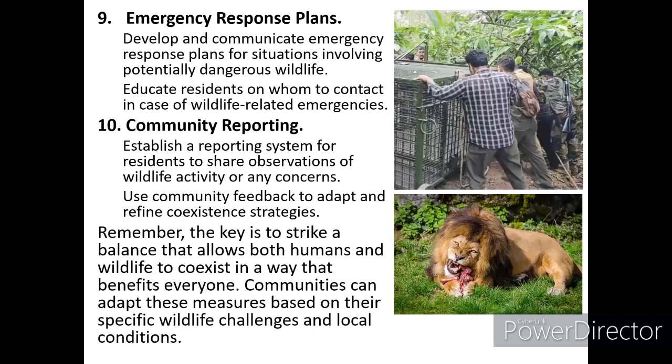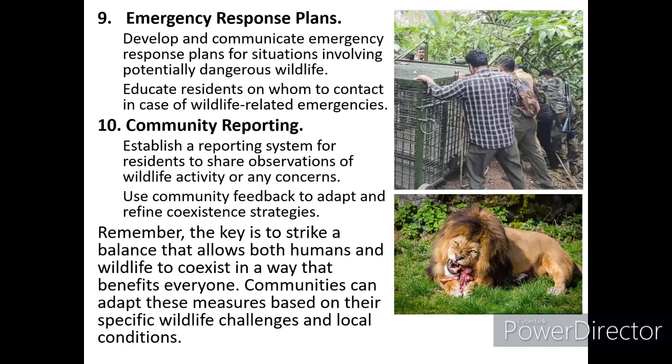9. Emergency response plans. Develop and communicate emergency response plans for situations involving potentially dangerous wildlife. Educate residents on whom to contact in case of wildlife-related emergencies. 10. Community reporting. Establish a reporting system for residents to share observations of wildlife activity or any concerns.